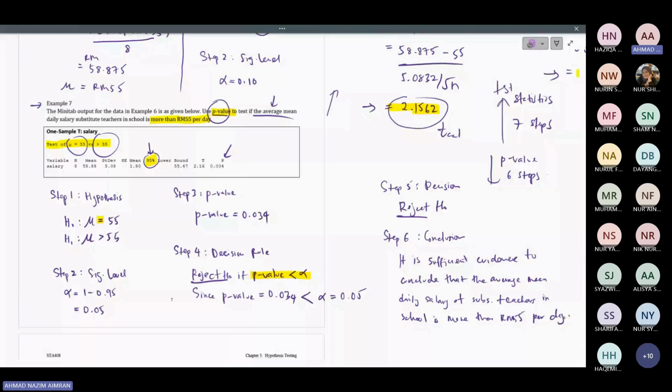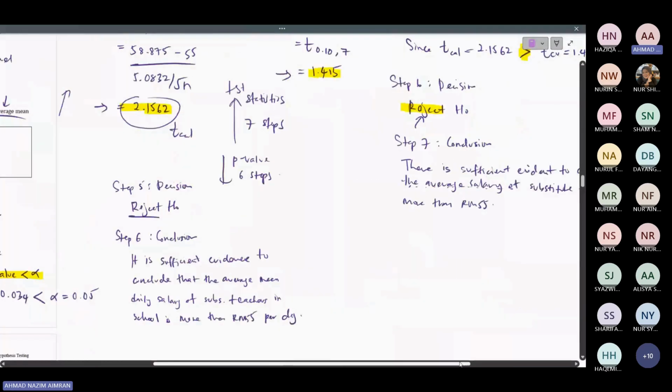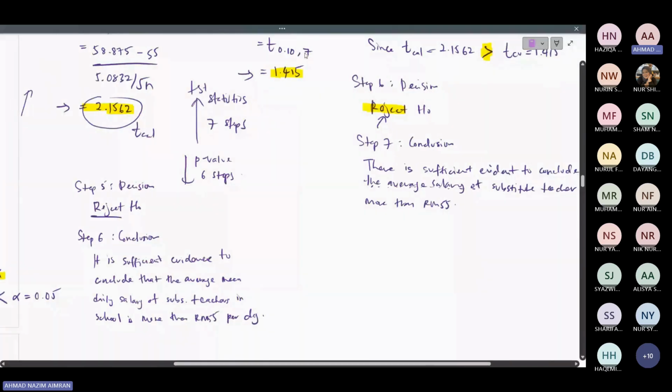So the conclusion here must be equal to the conclusion by using the test statistics.